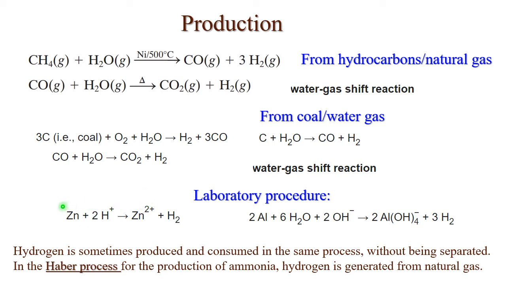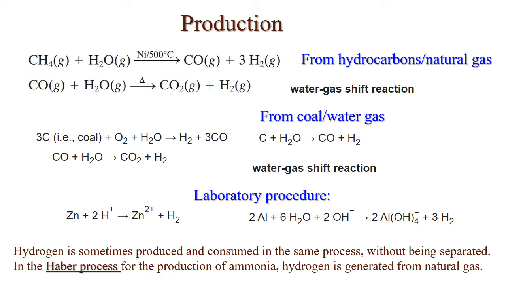In laboratory, it's much easier to obtain hydrogen by reaction of different metals with acid, or with sodium hydroxide, aluminum with sodium hydroxide, or zinc, or with HCl.